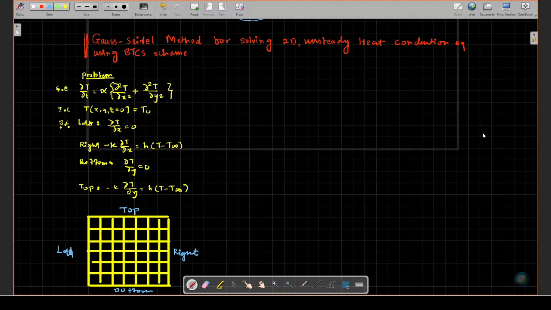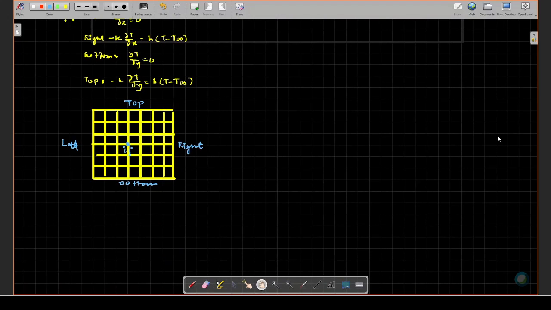So the boundary conditions are as shown, and these are the grid points, and we wanted to solve for this system. Solve for this ij, where i is running from 1 to nx, and j is running from 1 to ny.